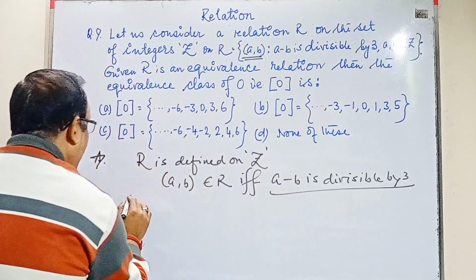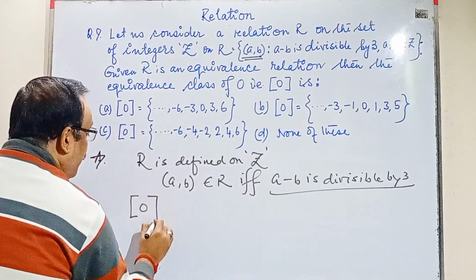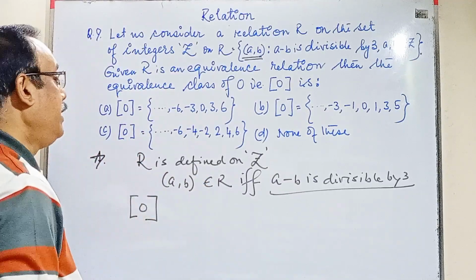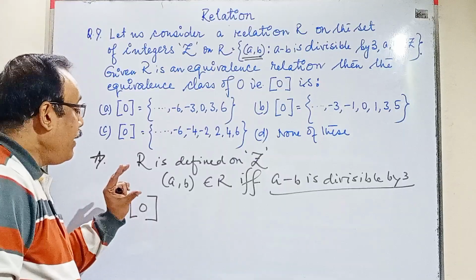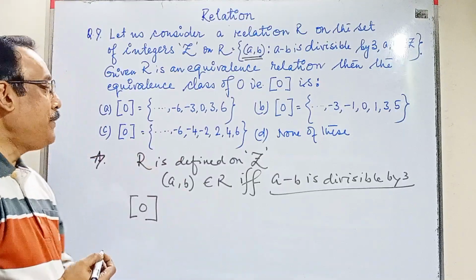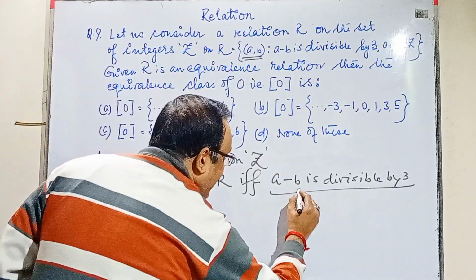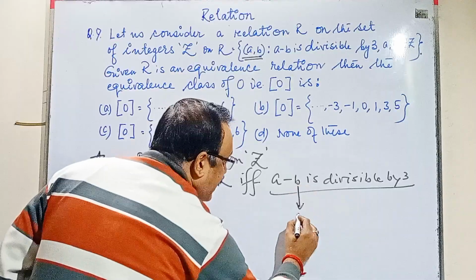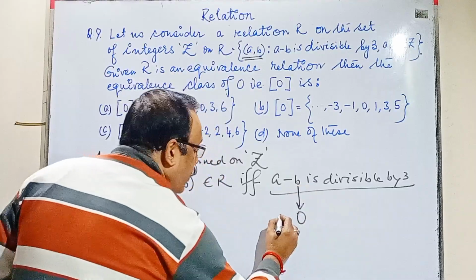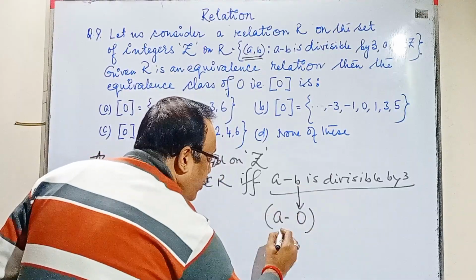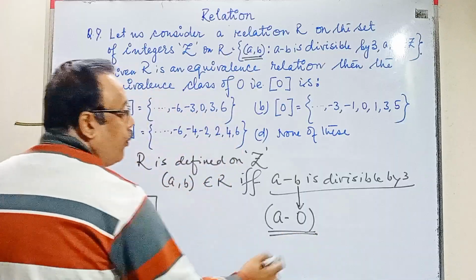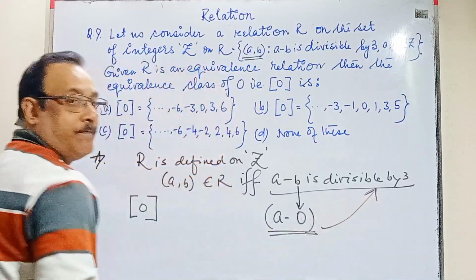Since I need to find out the equivalence class of 0, that means which are the values that will satisfy this? I am finding out the equivalence class of B, that is 0. So I should look for A minus 0, which will be divisible by 3.